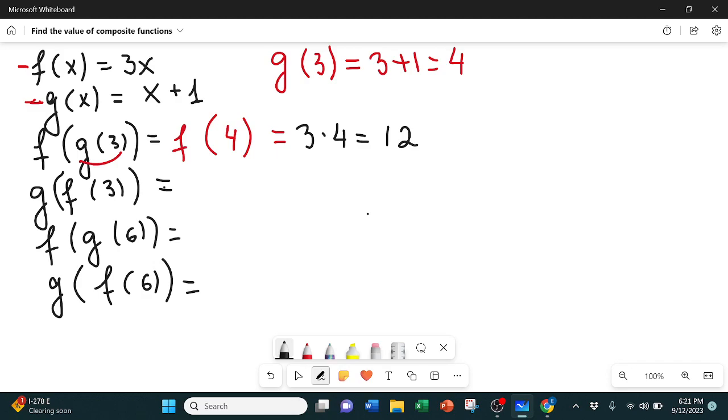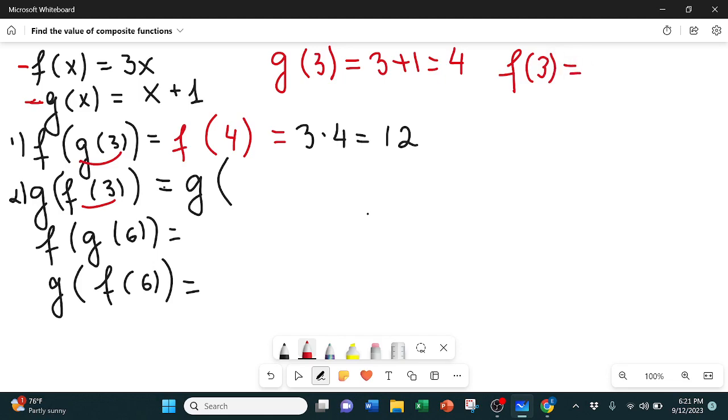Now, let's move on to the second exercise, g of f of 3. In order to find g of f of 3, first of all, we're going to find f of 3 separately.